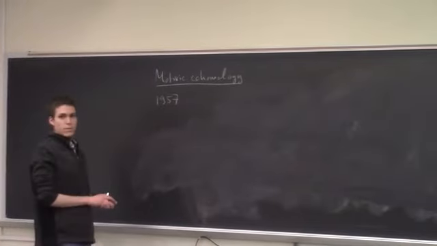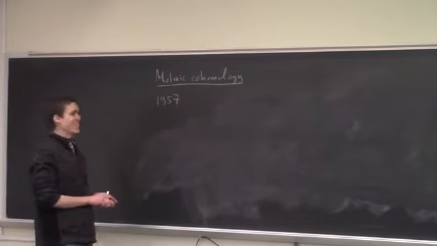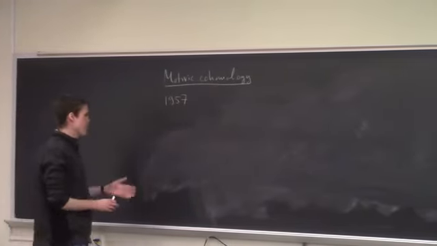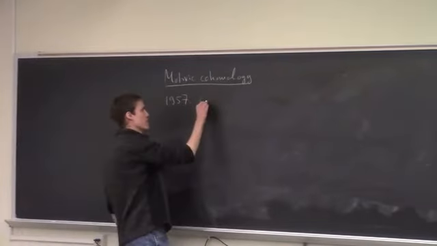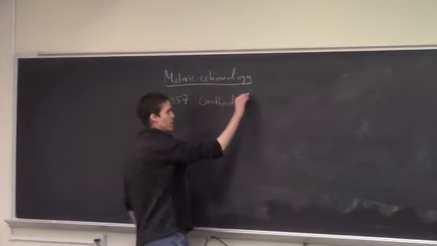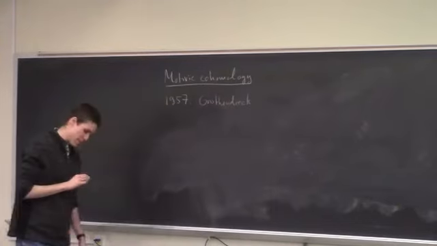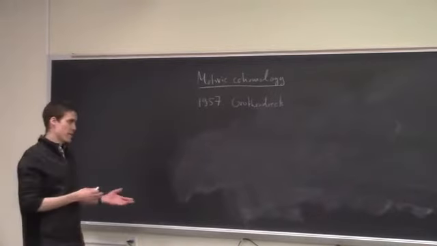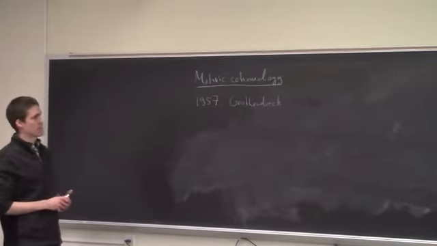And so in 1957, Grothendieck proved kind of the ultimate version of the Riemann-Roch theorem, which generalized previous versions in various ways.